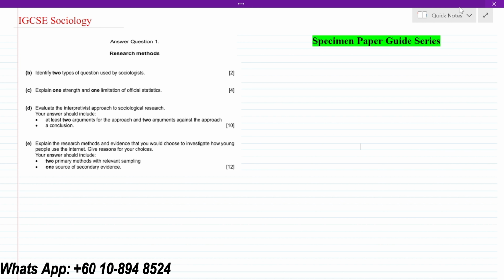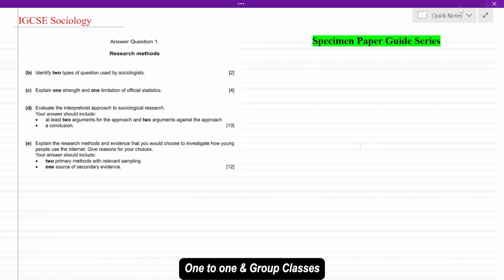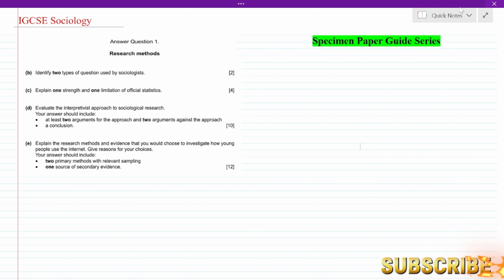Now move on to part B, and part B is saying that identify two types of question used by the sociologist. Again, as I mentioned, you will get one mark for each correct answer.